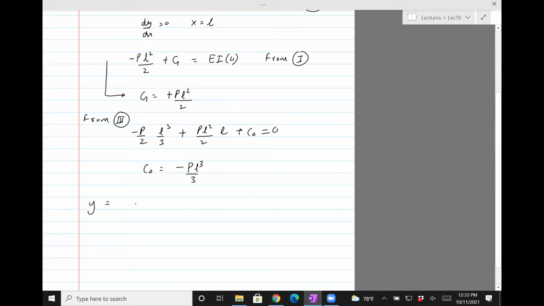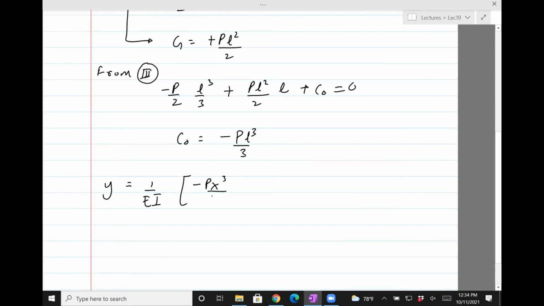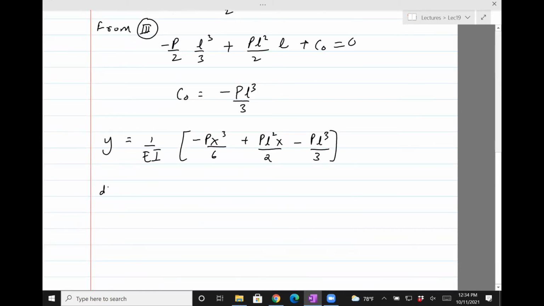So y is 1 divided by EI times (Px cubed divided by 6 plus PL squared times x divided by 2 minus PL cubed divided by 3). And for dy dx, all you have to do is just take the derivative of that, or you can look at the expression and then sub in the value.